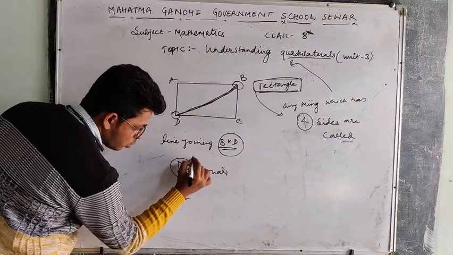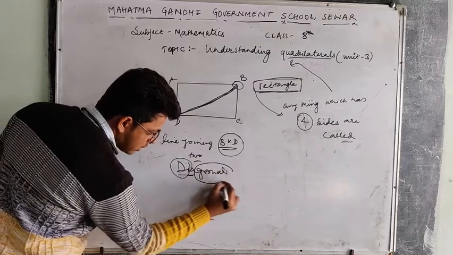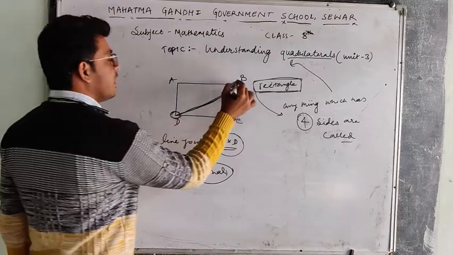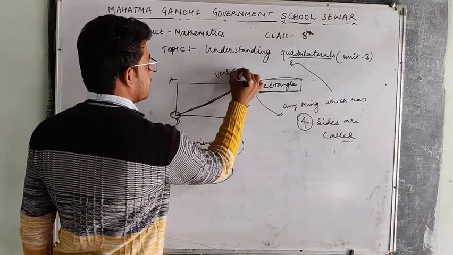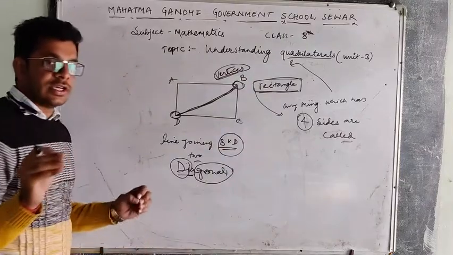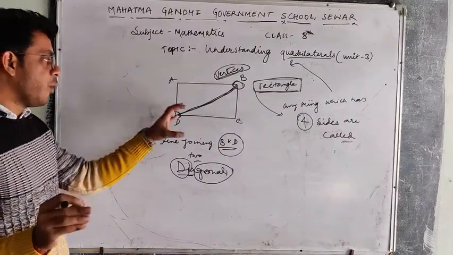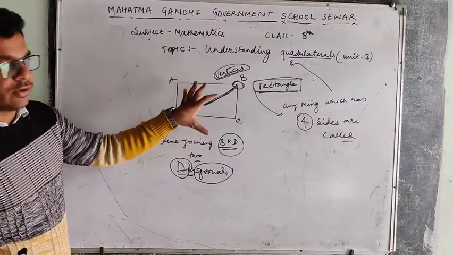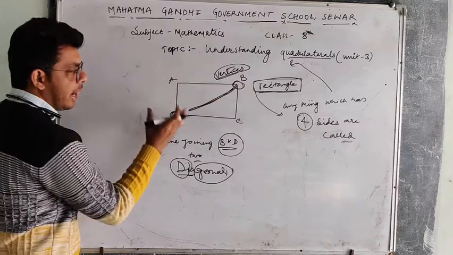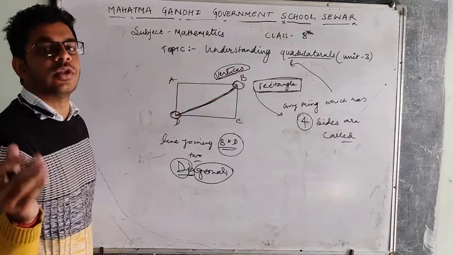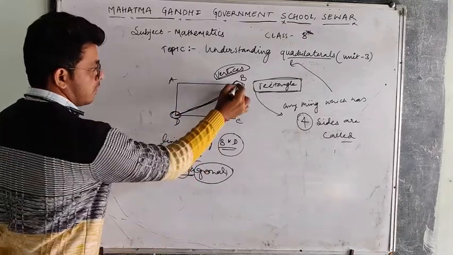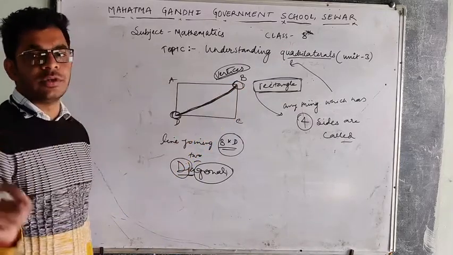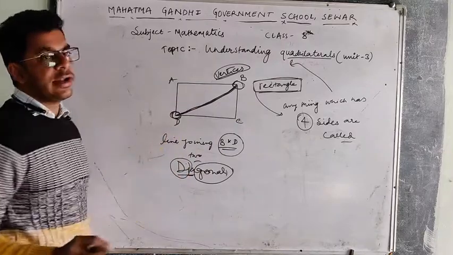Di means two, gonal means sides, sides meaning any two vertices. Any structure which joins opposite vertices of any structure is called a diagonal, or divides the structure into two or more than two parts. So any line which joins two opposite vertices is called a diagonal.